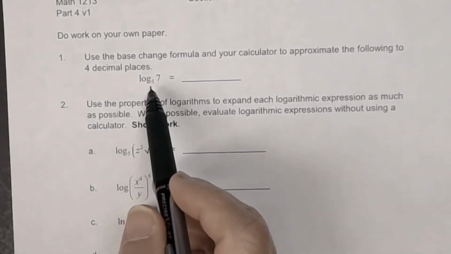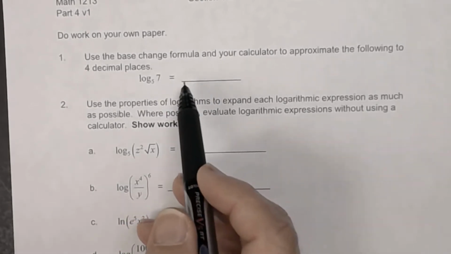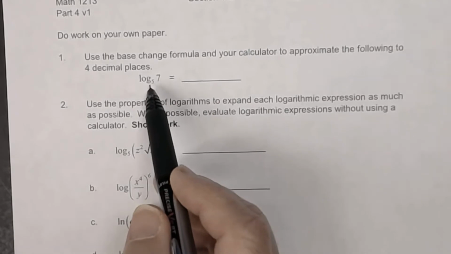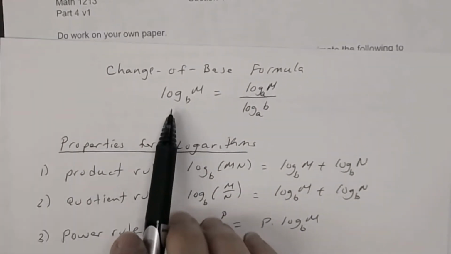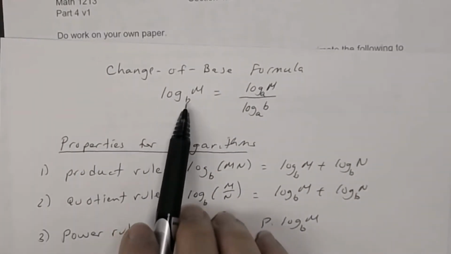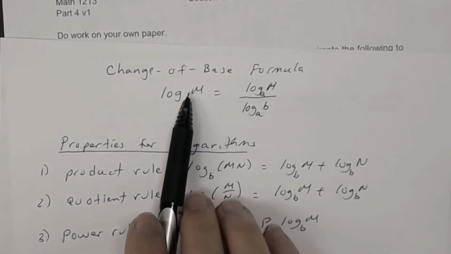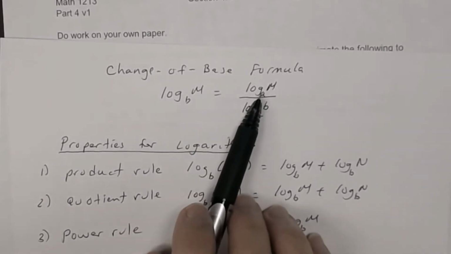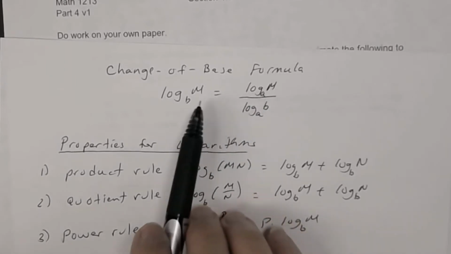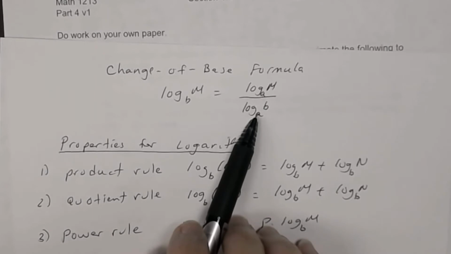But there is a formula that says you can change any base to another base, regardless of what the base is, as long as it's positive and it's not 1. Basically, the change of base formula says this. If you want to change to a new base, let's say base a, then the log of m base b is the log of m, base a, the new base, divided by the log of the original base, with the new base.